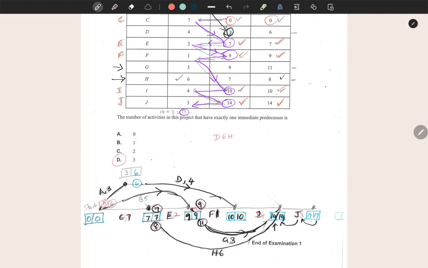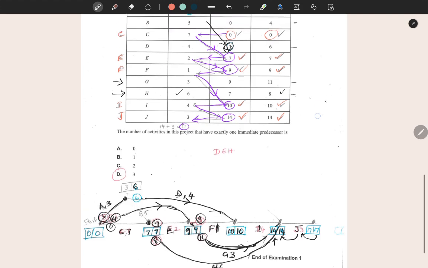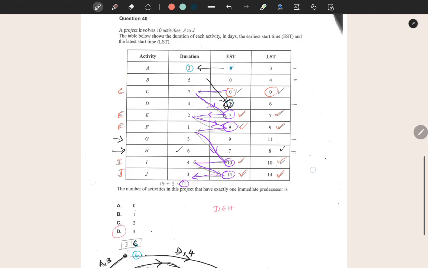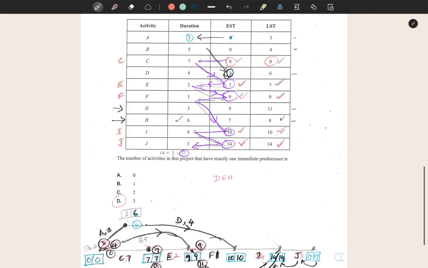Now if you go along B, 9 take away 5 is 4, and to that same point there are 3 edges coming. 7 take away 7 is 0, and the other edge is coming from along D first, so 10 take away 4 is 6, and 6 take away 3 is 3. All this information matches up to the activity table given to you.